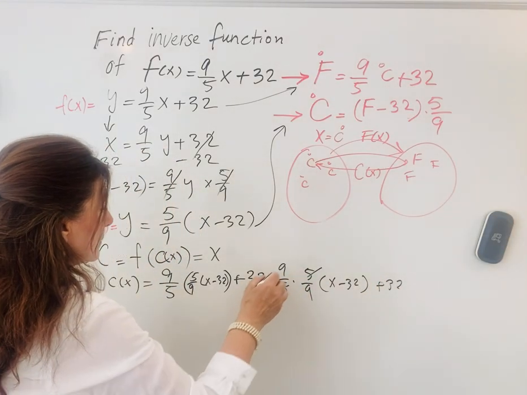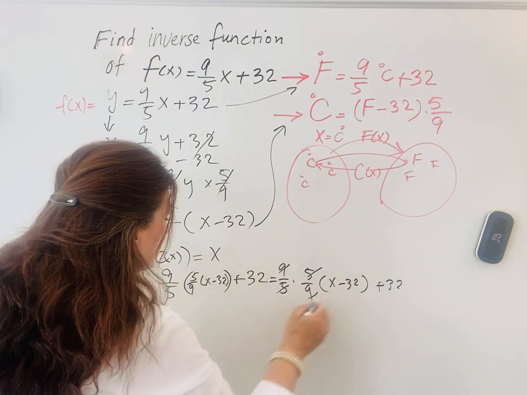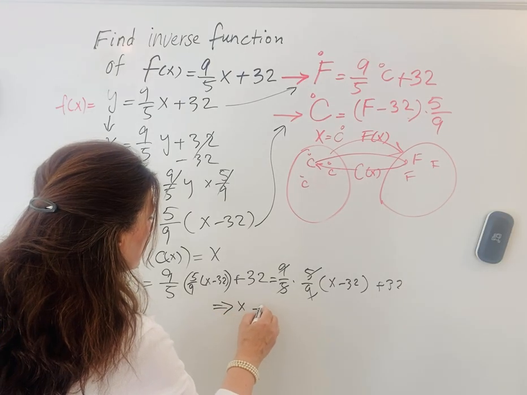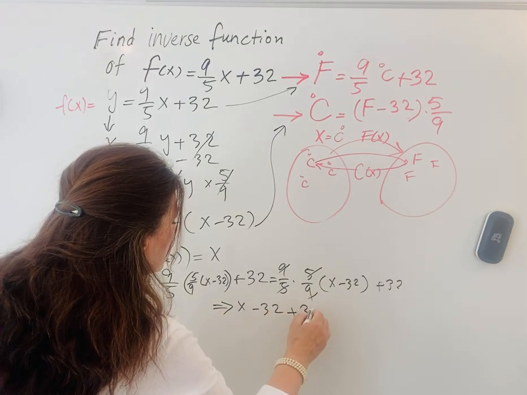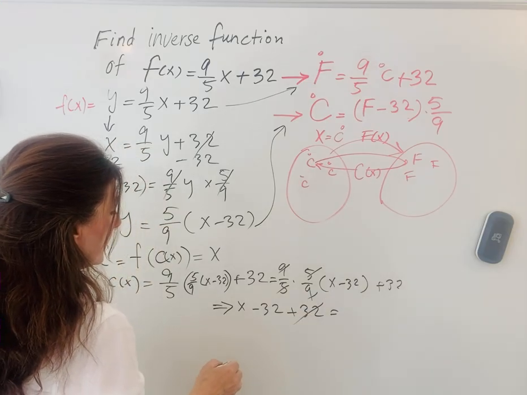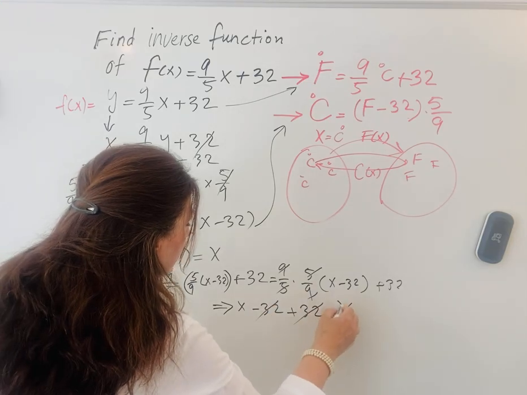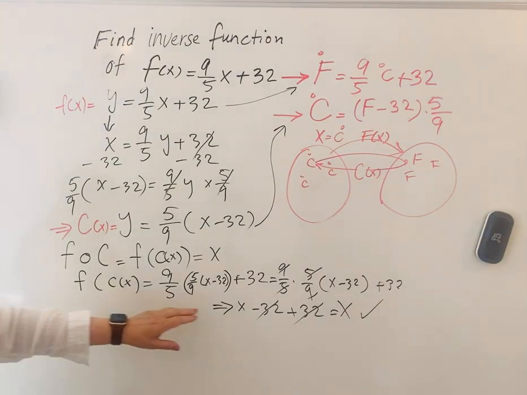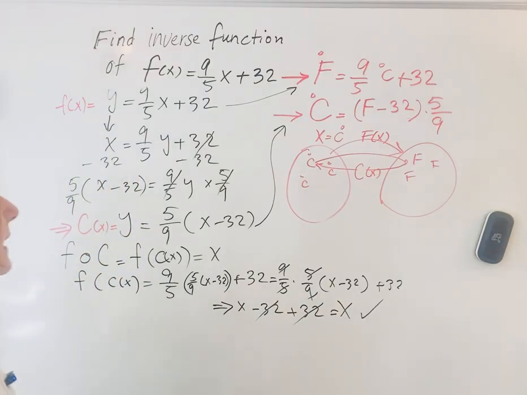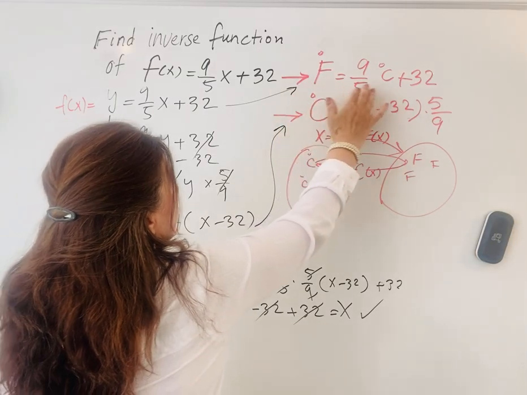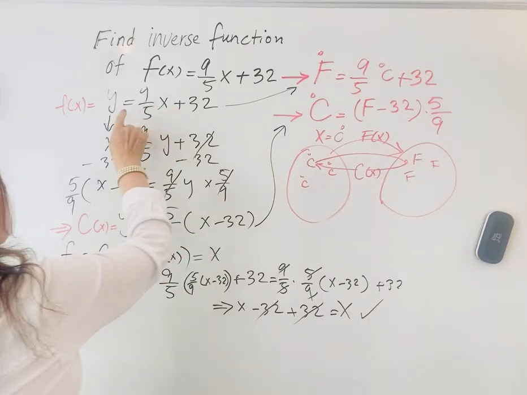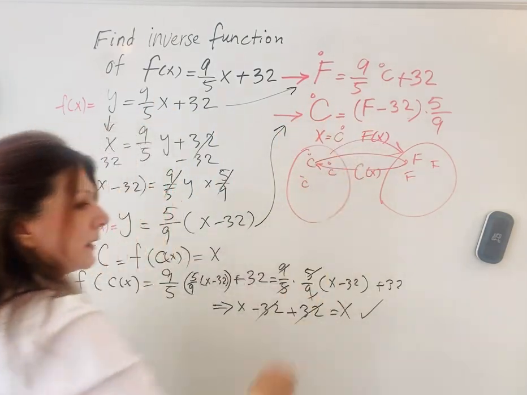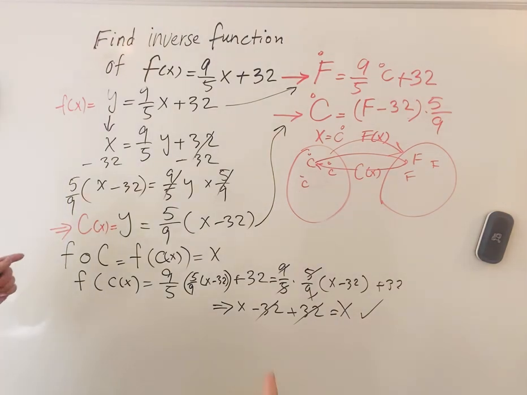This 9 cancels with this 9, x minus 32 plus 32, negative 32 plus 32 gets x, right? The composition of these two functions gets x. So as functions, this one and this one are inverse to each other and undo each other.